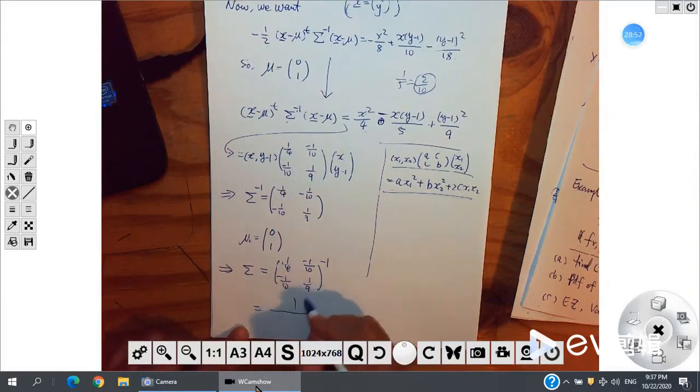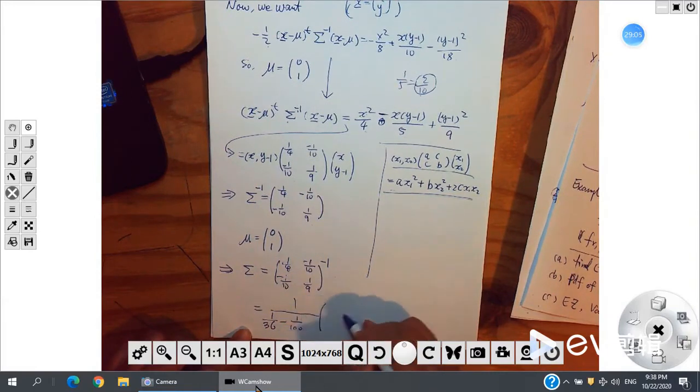This one times this one is 4, 9, 36, and subtract, this is 1/100. Then here we flip this element, it's 1/9 and 1/4, and change the sign of these two elements, I have 1/10 and 1/10.